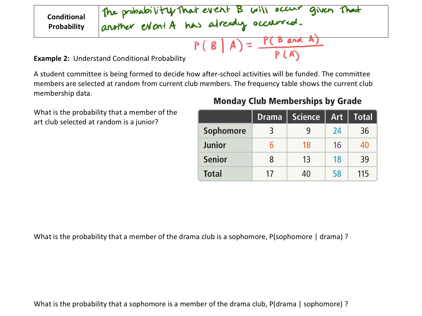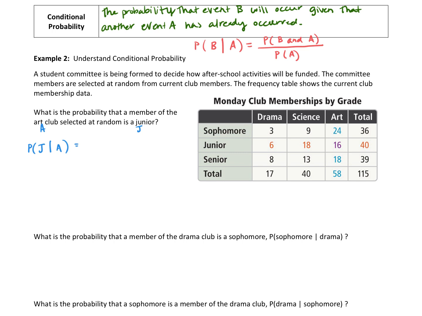So I'm going to go ahead and just use some abbreviations for the probability that a member of the art club, so I'm going to use an A for art club, selected at random is a junior. So we're just going to use that notation. So what's the probability that the person is a junior given that they are already in the art club? That's what we're being asked.